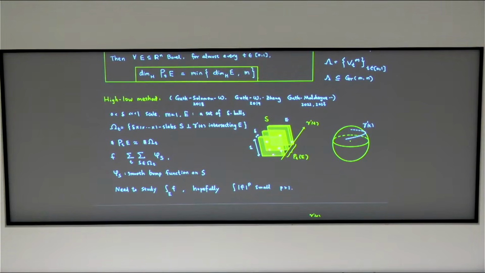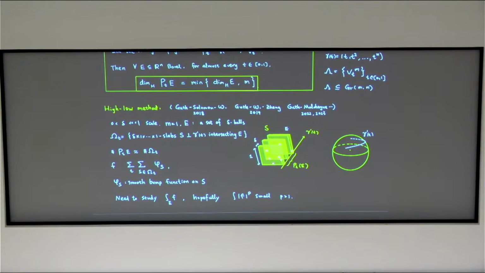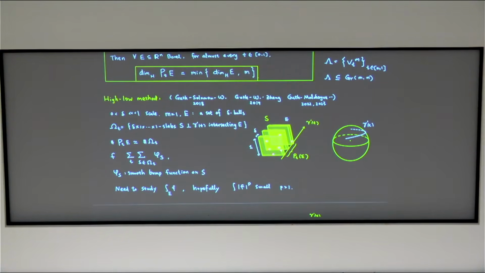And we want to study the integral of f on E, and hopefully we can show that the L^p norm of f is small. So what does this mean? Let me see.